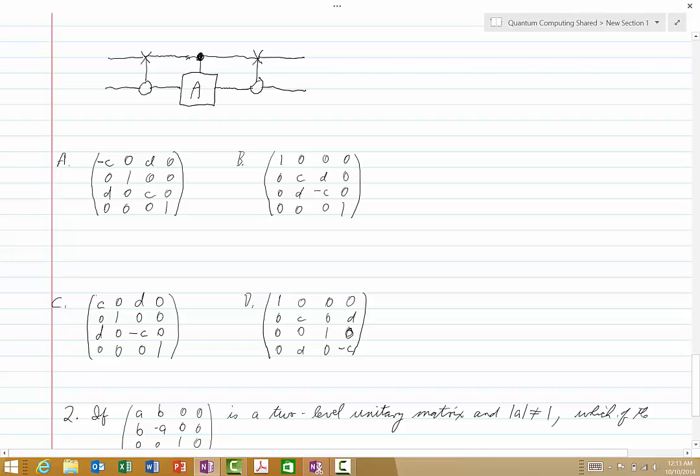Choice C is C 0, D 0, 0, 1, 0, 0, D 0 minus C 0, 0, 0, 0, 1. And finally D is 1, 0, 0, 0, 0, C, 0, D, 0, 0, 1, 0, 0, D, 0 minus C.